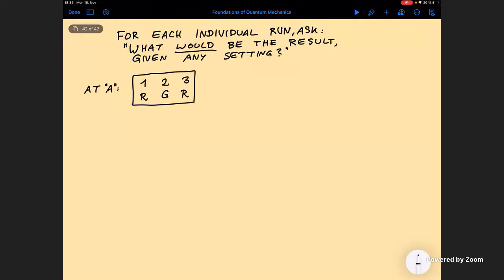And I would say we need this. Why does there need to be, at least conceptually, such a table? Whether we write it down or not, whether we know it or not is another matter. But why would we need such a table? Well, we need this because first, we cannot know in advance which setting will be chosen. So we really have to be able to answer for any possible choice of setting.